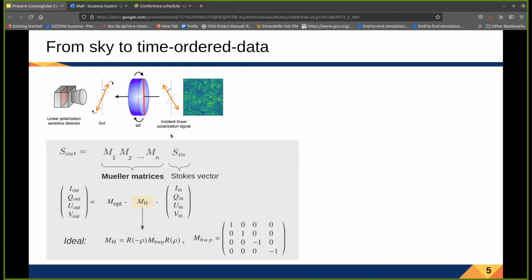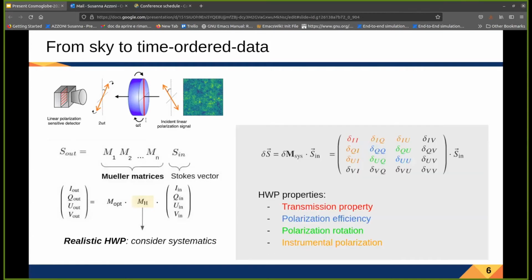Also for this kind of study, to simplify things, we consider any other optical elements other than the half-wave plate to be described by their ideal identity matrix. And we also assume no input V term, since the half-wave plate is usually the first element in the optical system. Right.